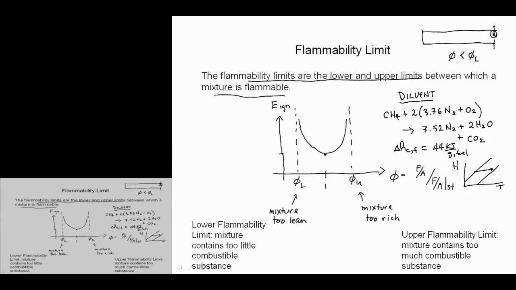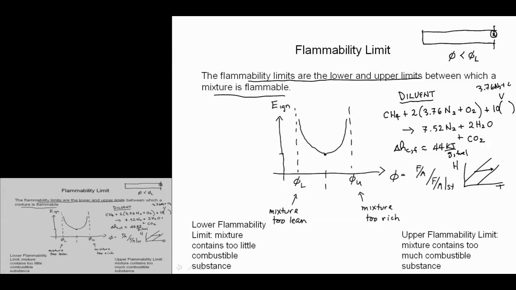Now, having said that, imagine what would happen if we added quite a bit of air here. So I'm going to say 47.6 moles of air, so 10 times our 3.76 N2 and O2.